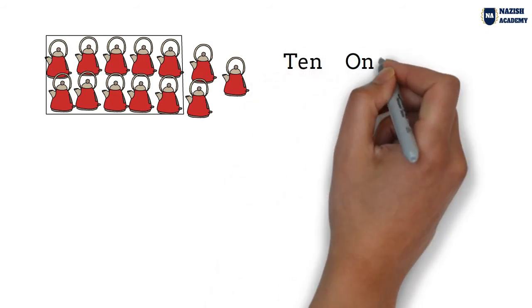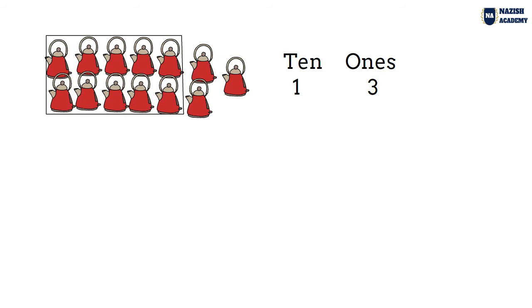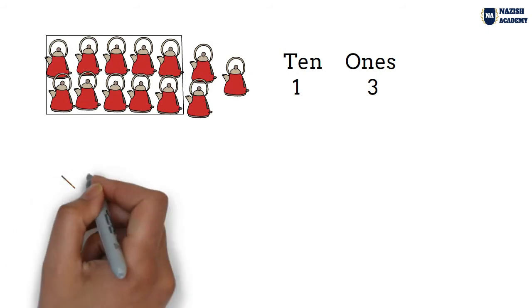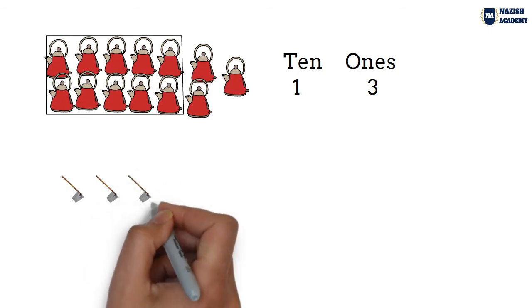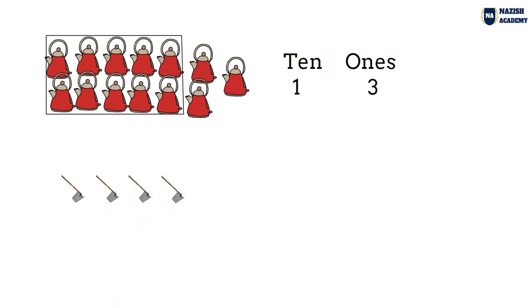We have to make a group of 10 kettles. These are 10 kettles, and now 10 and ones. 1 is at the place of 10 and 3 is at the place of ones. It is 13.